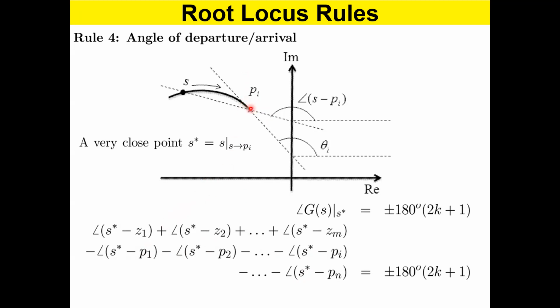When you substitute the value of the pole into the bracket where the pole is the same pole, this is the angle of departure. And we don't do anything there. We just write it as theta I, and all the other angles are known. Then you can actually calculate this angle of departure. So that is the technique.